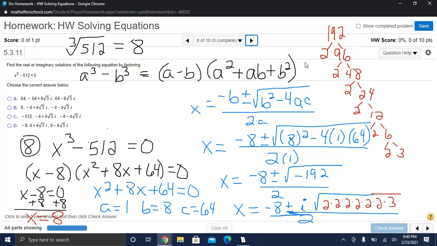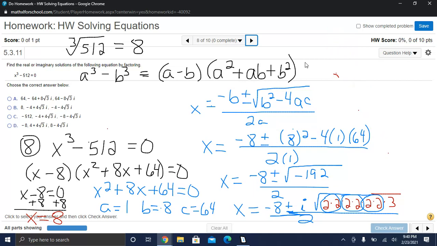So I can circle out pairs. I have 3 pairs. And so this is going to simplify. I'm going to erase again so that I have room. So I'll have x equals negative 8 plus or minus.